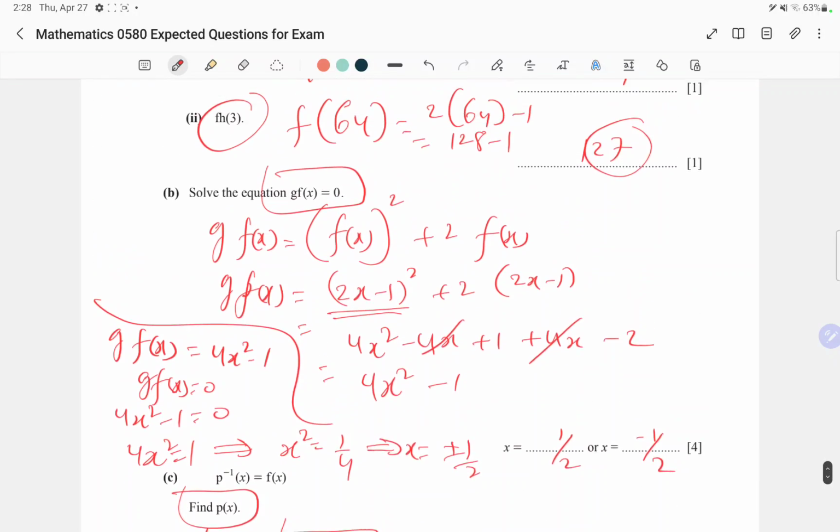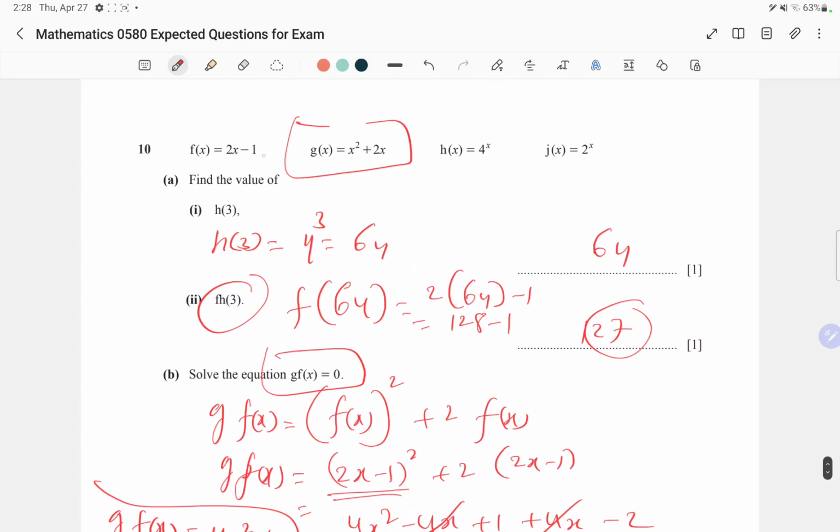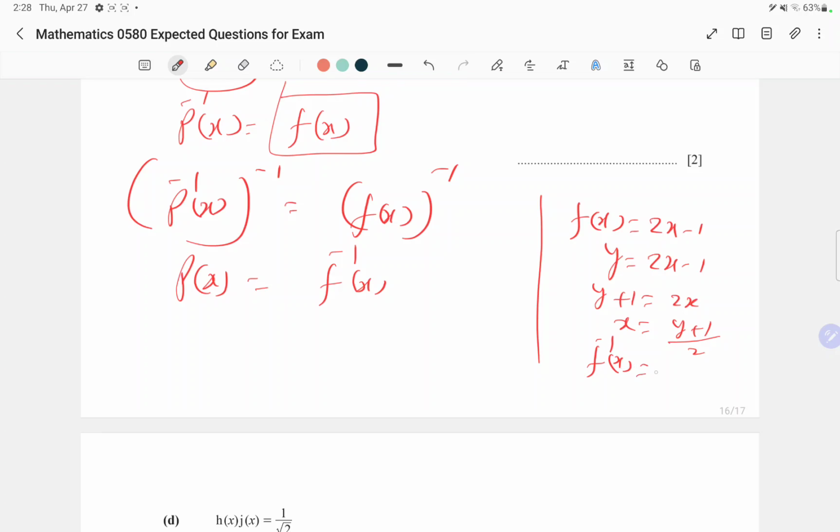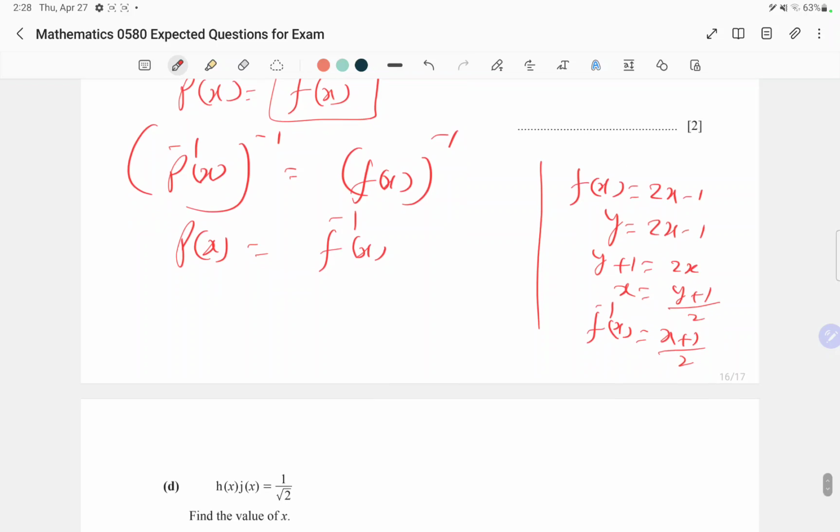Indirectly we need to find f inverse x. So f(x) is 2x minus 1, y equals 2x minus 1, y plus 1 is 2x, x is y plus 1 divided by 2. And now we can say f inverse x, which is (x plus 1) by 2.